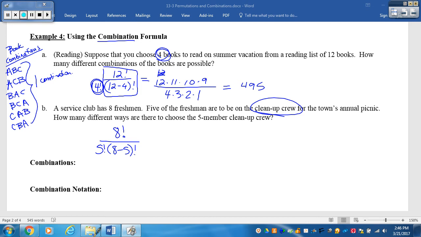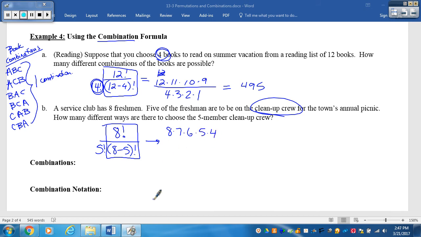If I do just this part, you end up with 8 factorial over 3 factorial, which would be 8 times 7 times 6 times 5 times 4. 1, 2, 3, 4, 5.